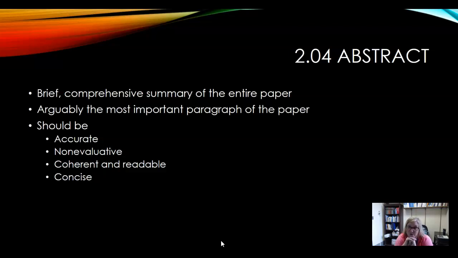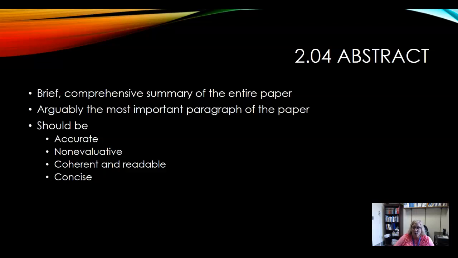So those summary paragraphs that you were writing at the beginning of the semester, those were really in preparation for writing this abstract. I'm getting you used to pulling out the relevant information and being very concise in how you describe the results and the information that's provided in a research paper.